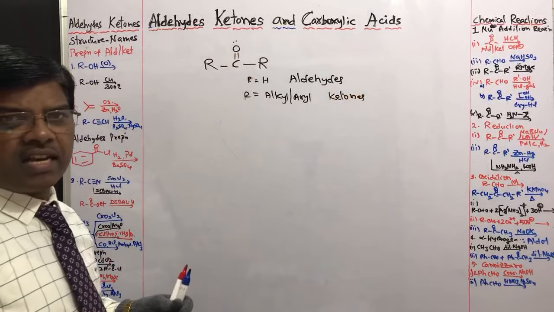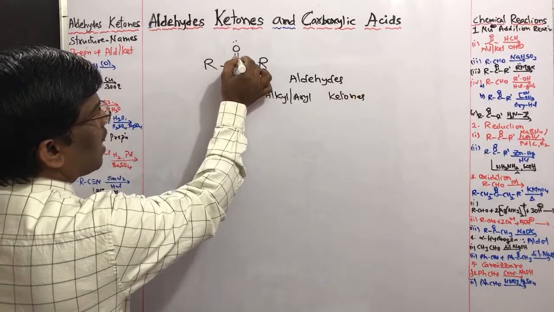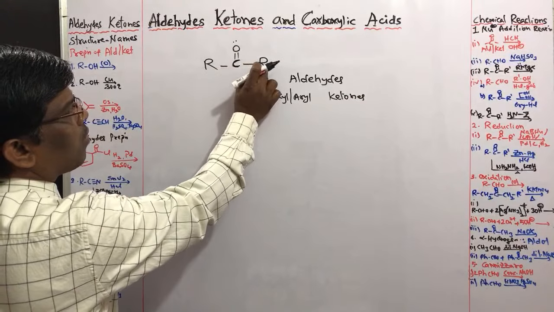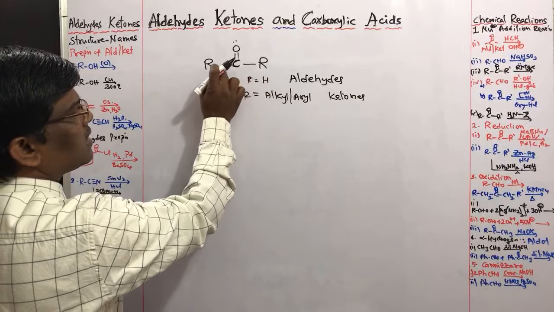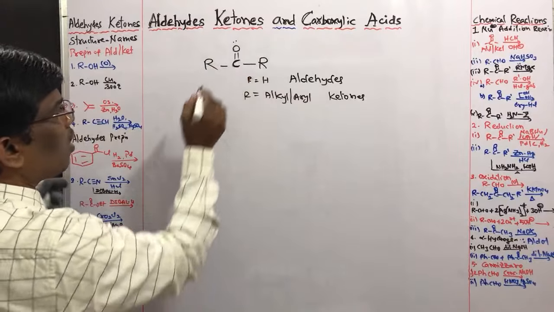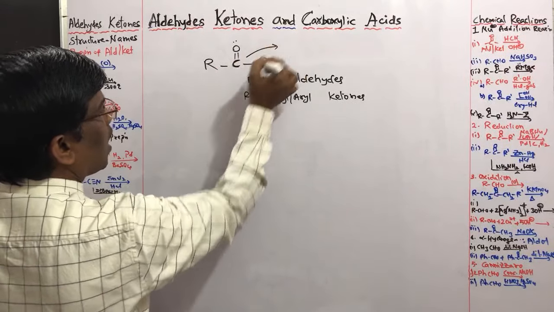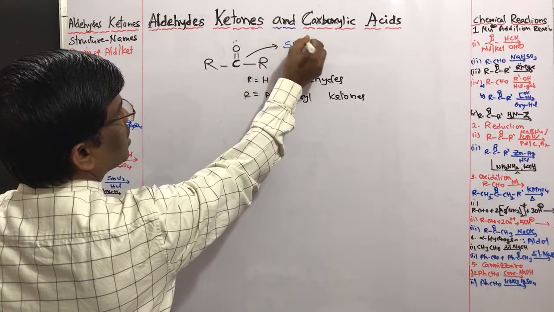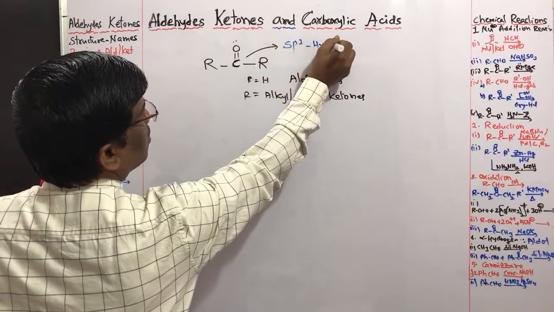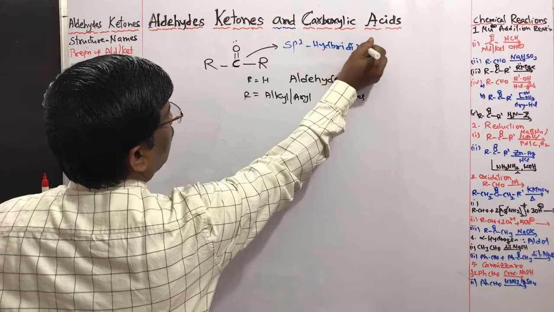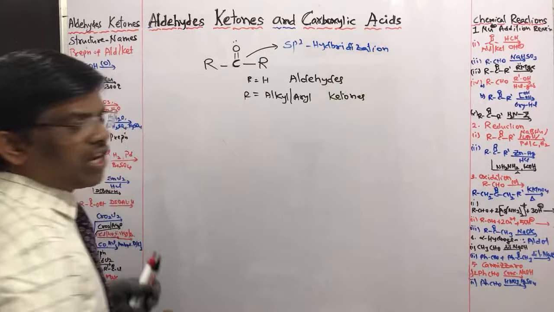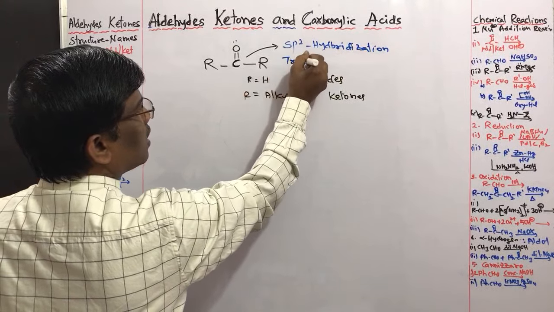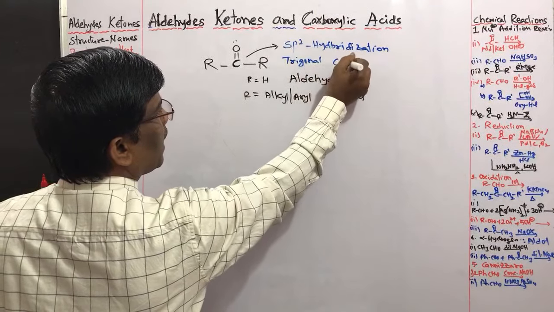So what is the structure? This is the carbon having a double bond with oxygen and two carbons or hydrogens with C-C single bonds. The overall hybridization of carbon in carbonyl compounds is sp2. What is the shape of sp2 hybridization? It is trigonal coplanar.